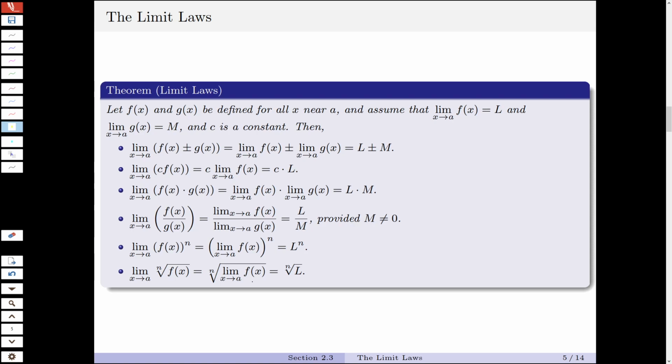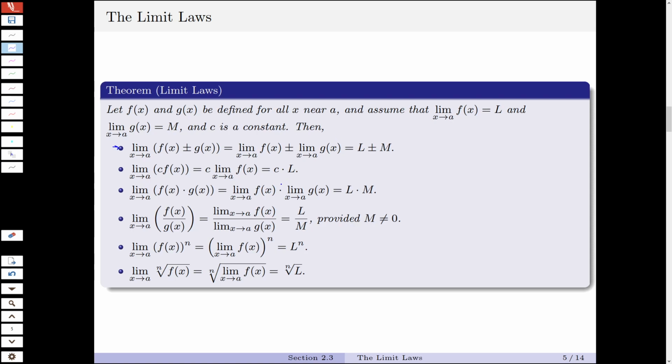So suppose that we have two functions, f of x and g of x. If I take the limit of these two functions added together, if I look at this first limit law, then I'm just going to think of that as being the limit of the first one plus the limit of the second.